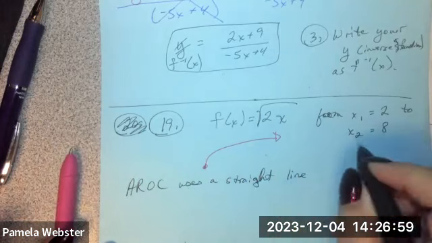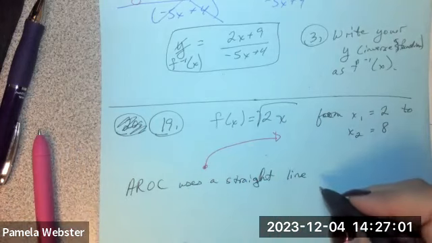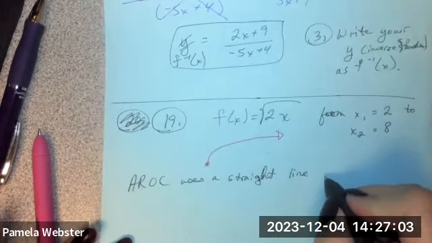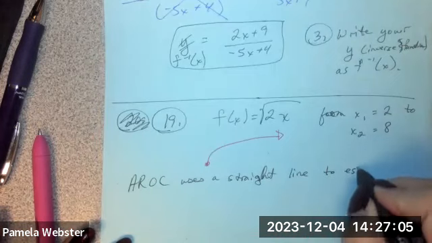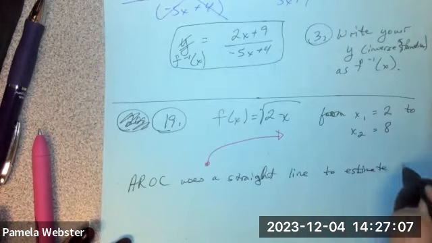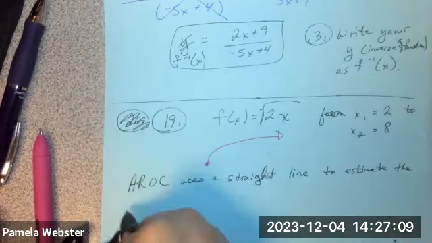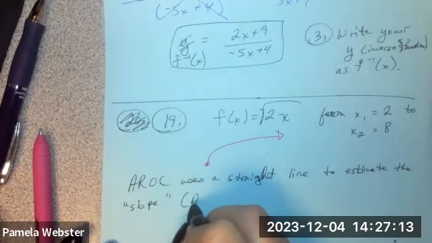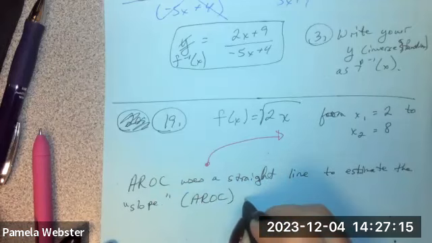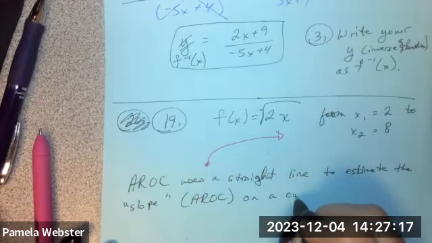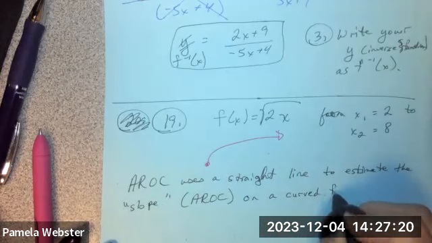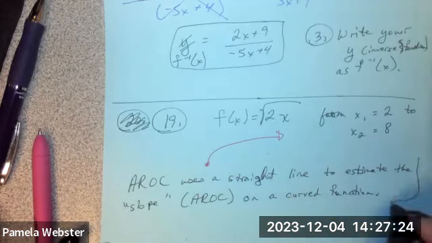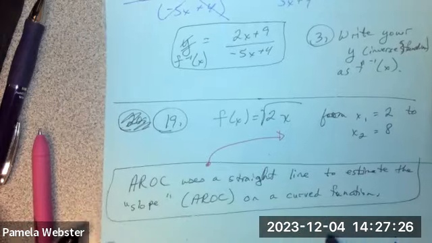We call it a secant if you go on into pre-cal and calculus. It uses a straight line to estimate the slope. It's really AROC, average rate of change, on a curved function. That is really what is all going on when we talk about average rate of change.